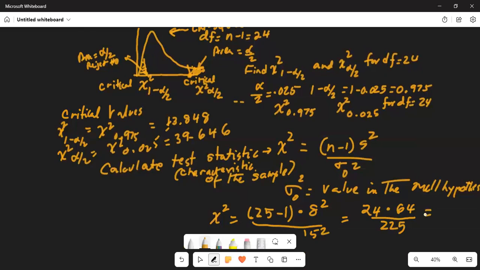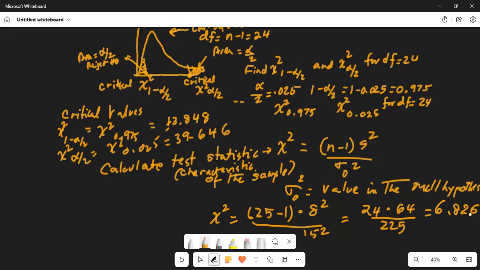And that is equal to, let's do the calculation, 24 multiplied by 64 divided by 225. And the answer is 6.826.